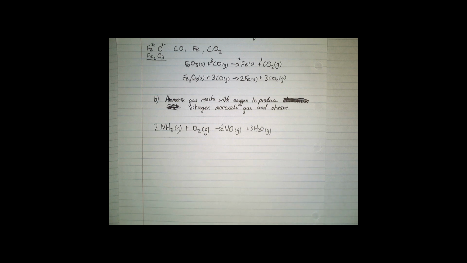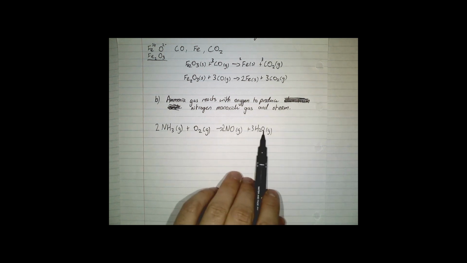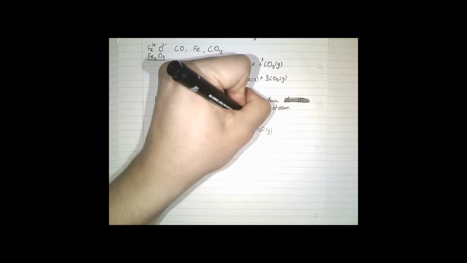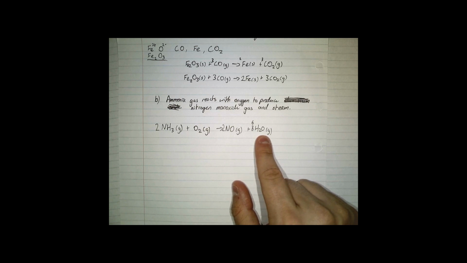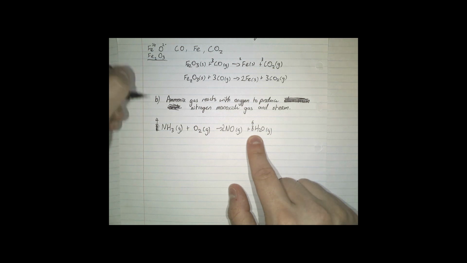So what that means is that I'm probably going to end up having to have over here an even number of oxygens. And this might seem a little bit weird at first, but I'm going to increase this all the way up to 6. And the reason that I'm doing that is because this means here I'm going to have 12 hydrogens, which means I can also double the amount of ammonia that I've got over here to make 12 hydrogens.